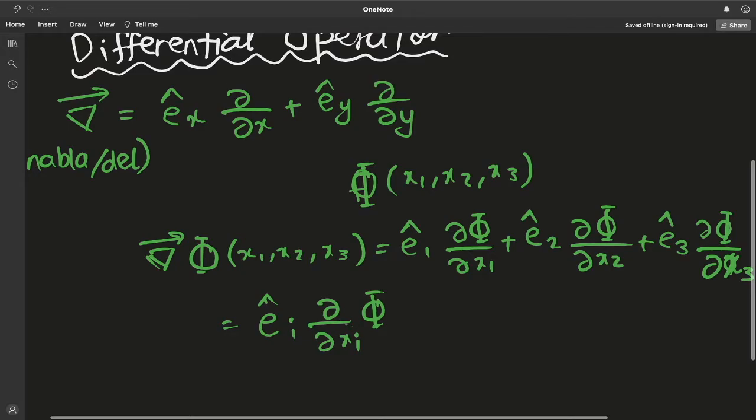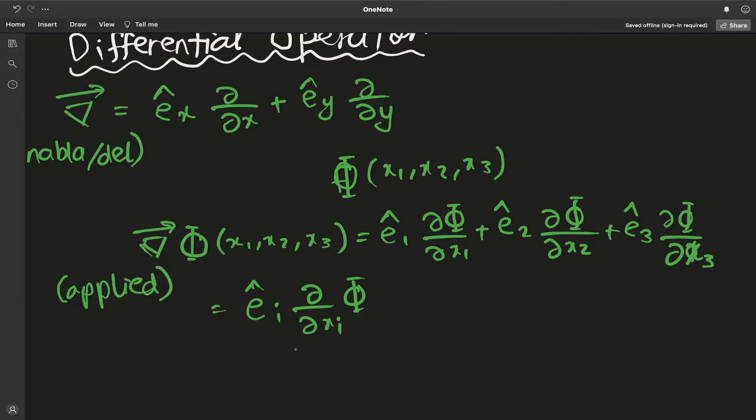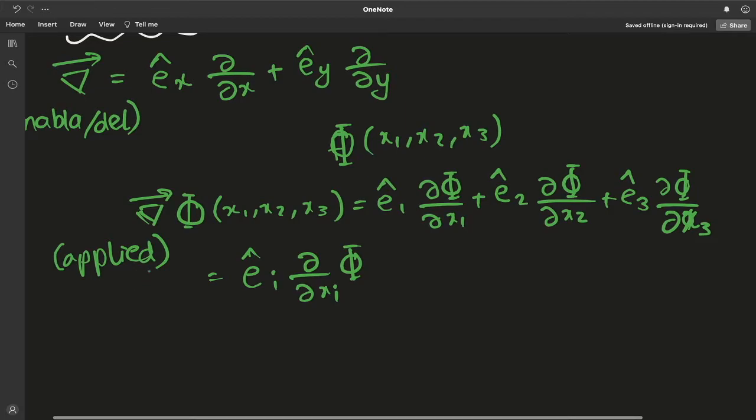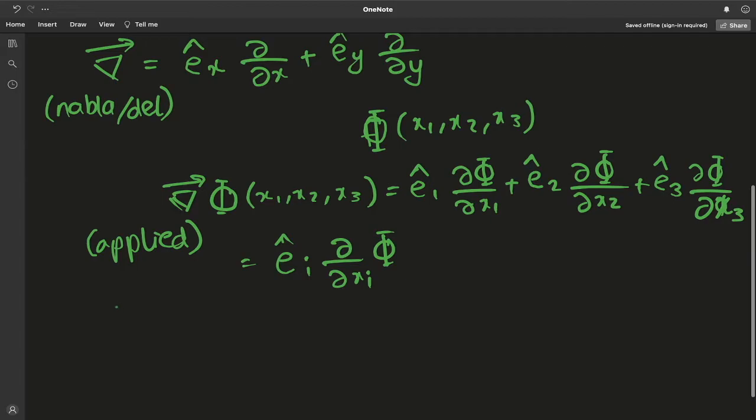And this application of the differential operator, the del operator, is simply called the gradient. And I hope you see this is exactly the gradient that we had, because phi is just a scalar field, right? We defined the gradient this way in the last video.